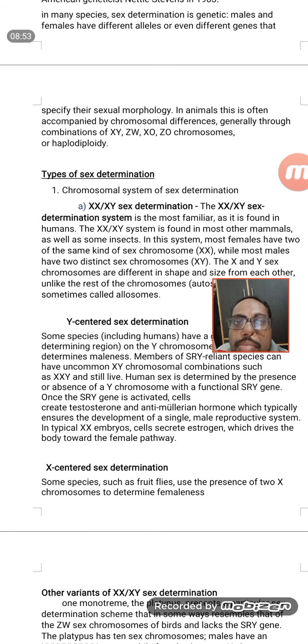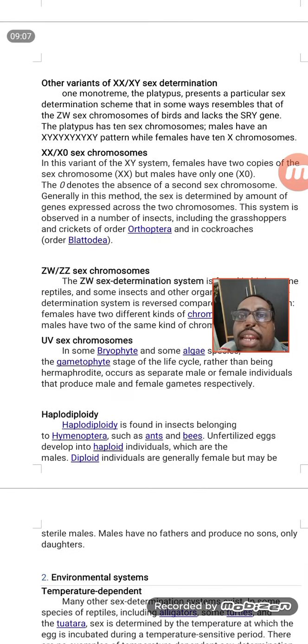These are the main ones: XX and XY sex determination. Inside that, we have Y-centered sex determination, X-centered sex determination, and XX, X0 sex determination, ZW, ZZ sex determination, then haplodiploidy. So these are the things.